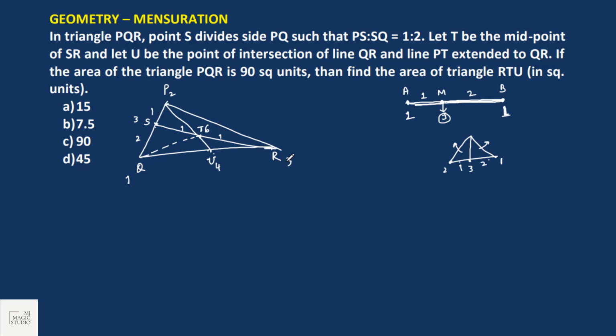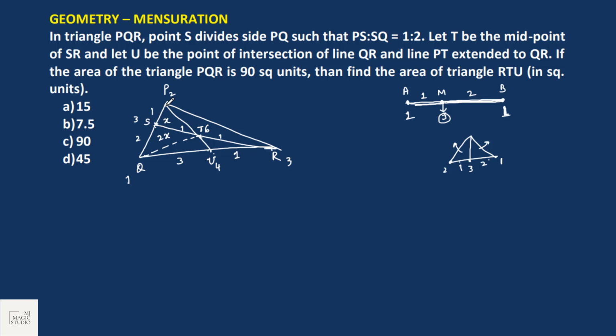Now the ratio of QU to QR would be 3 is to 1. Now we use the ratios to identify the areas. If we look at PTQ, this ratio is 1 is to 2. Let the area of PST be X. Then since this ratio is 2, its area will be 2X. Now if we look at PSR, this ratio is 1 is to 1.